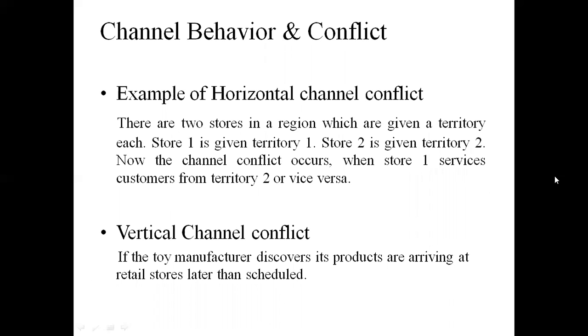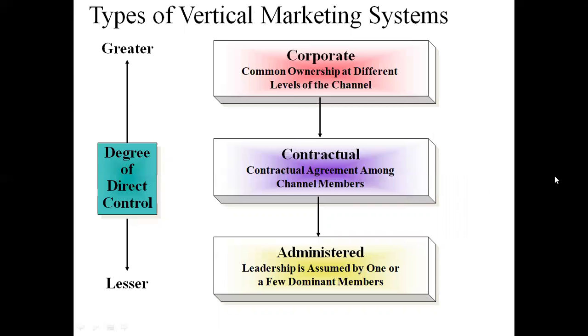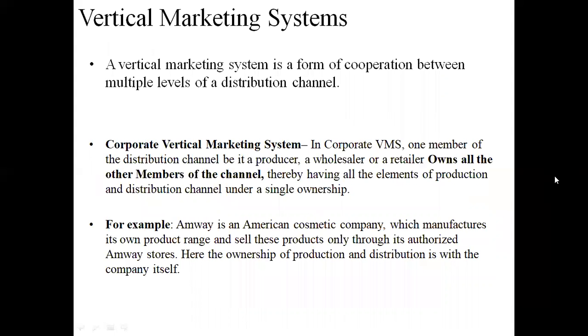And vertical channel conflict arises between different levels of distribution channels, might be between the wholesaler and retailer. After that, we have seen the vertical marketing system, why this kind of system emerged, and what the different types are: corporate, contractual, and administrative.